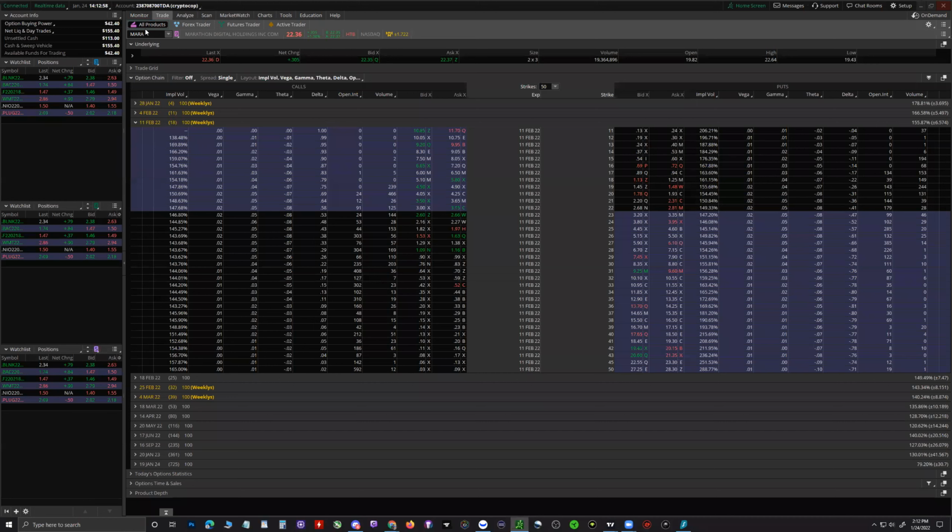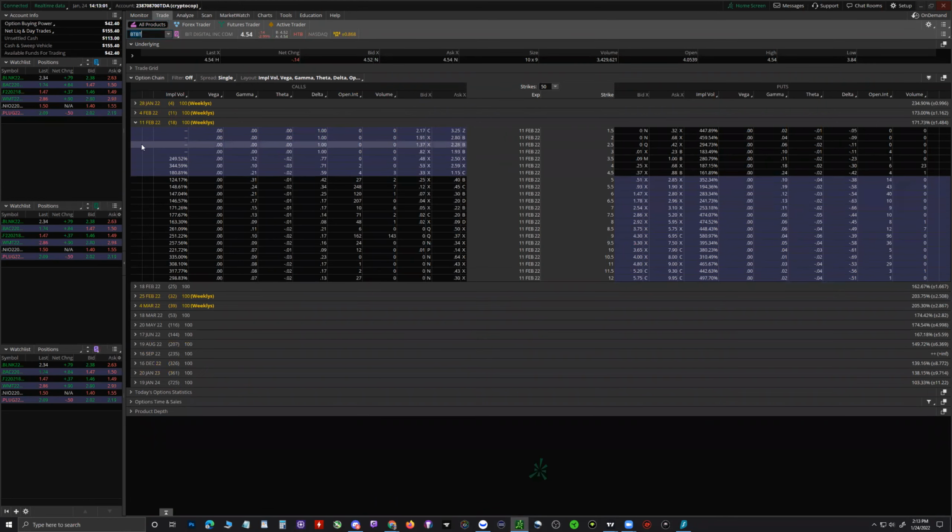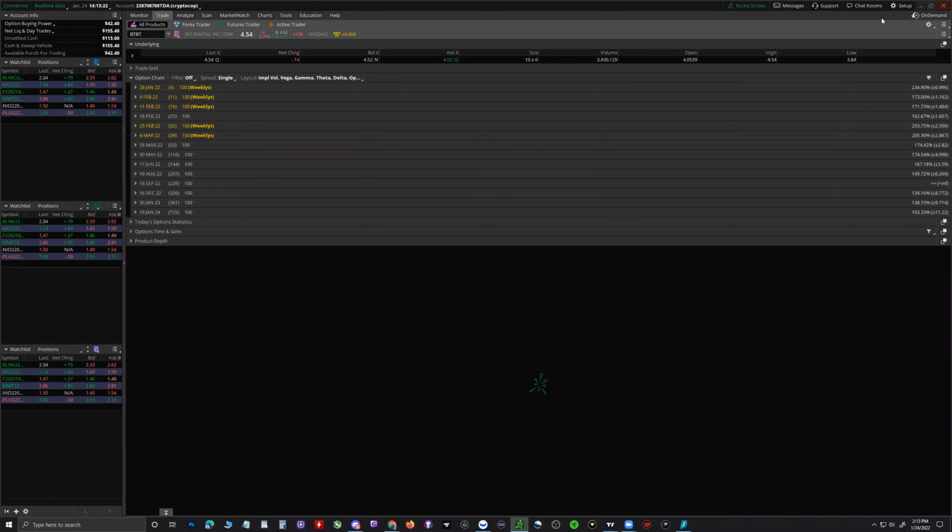These are much cheaper, but very high implied volatility and a very, very large spread. We ain't messing with BTBT. Nope. Mara, maybe.